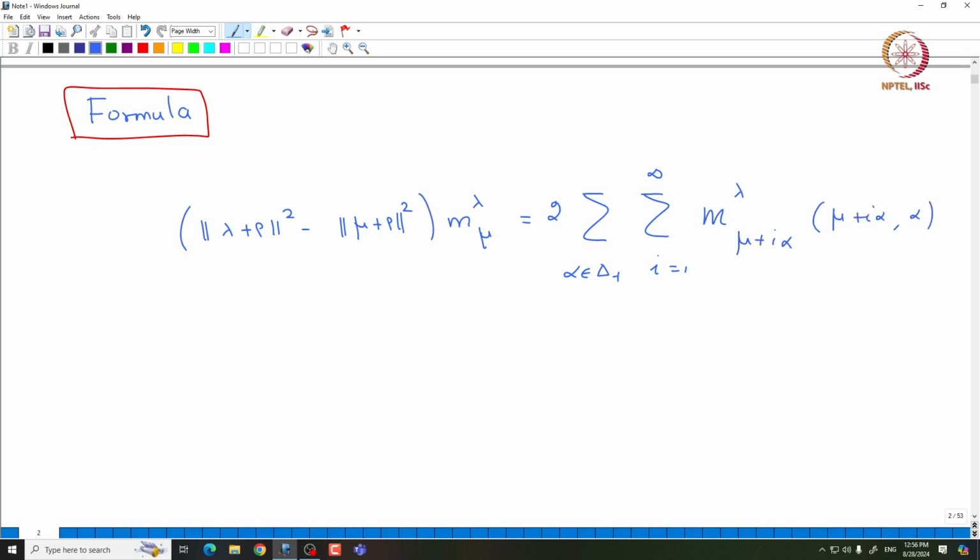So this is what you get when you write down Freudenthal's formula.